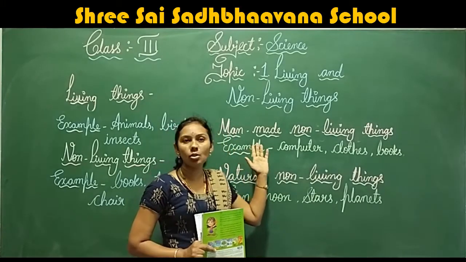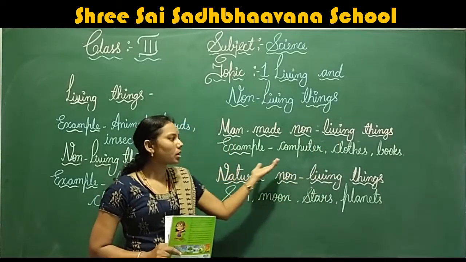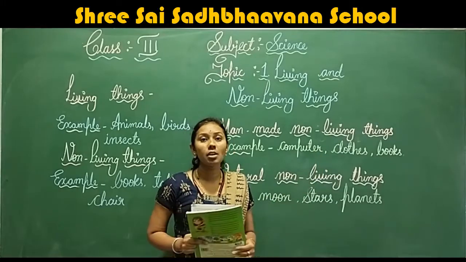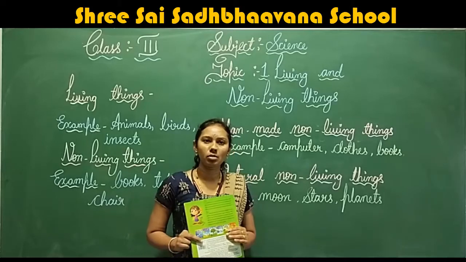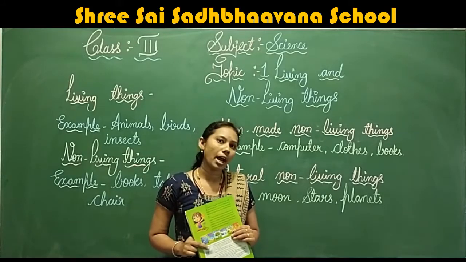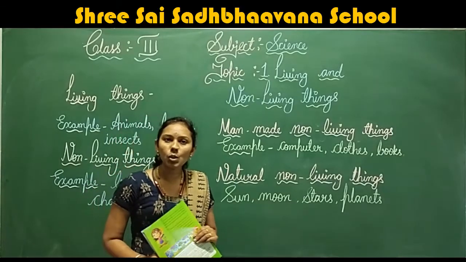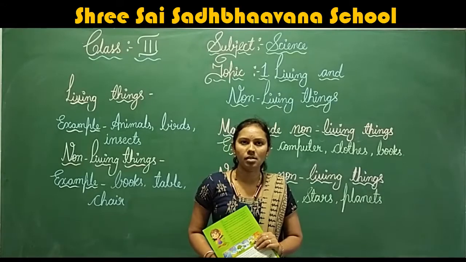Those things are called man-made non-living things. So examples are computer, clothes, books, television, furniture. So many things you can see around you. Then you can identify what are the things made by a man. Those things are called man-made non-living things.